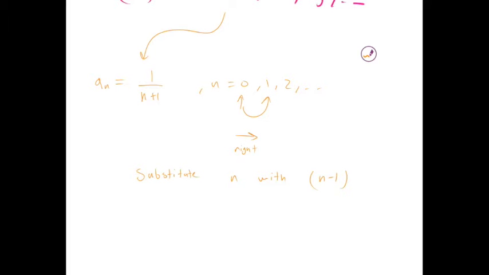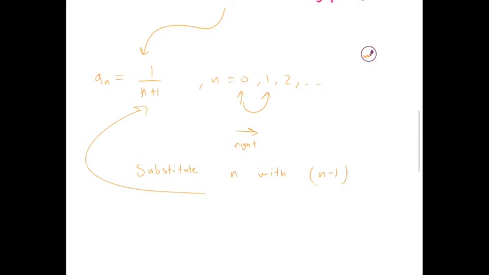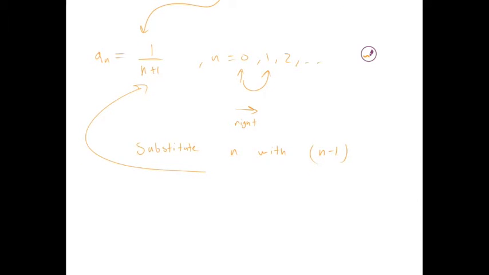Wherever we see n, we replace it with n minus 1. So you can also say a sub n equals 1 over (n minus 1) plus 1, which is just 1 over n. And now we can say n is 1, 2, 3, 4, and so on.